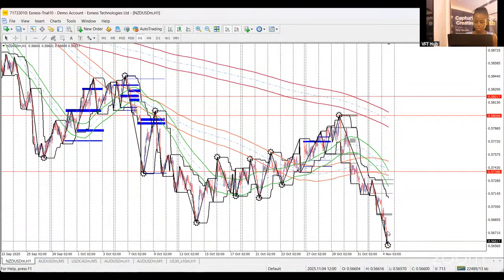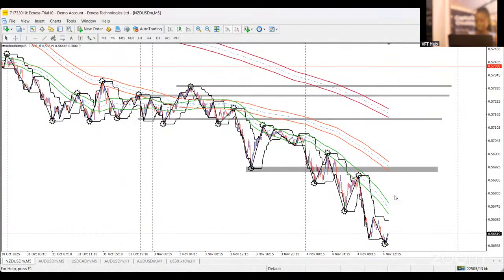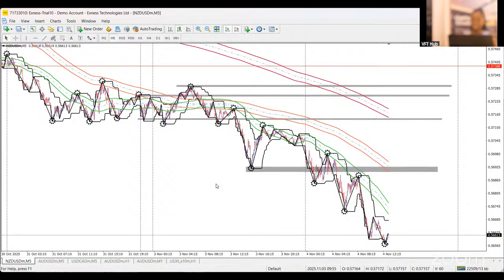Now, I may not jump in immediately till I see confirmations. In as much as I have a temporal bias, which is to buy this retracement, I will not be jumping in till I see confirmations, because NZD USD and AUD USD may dig a bit deeper before we see that buy retracement happen. But that is the overall bias for what I'm looking for.